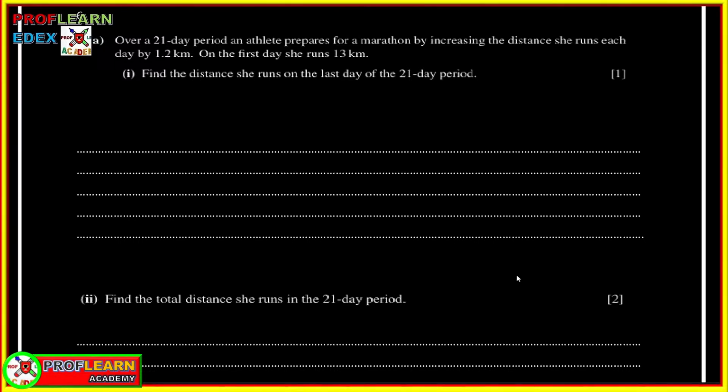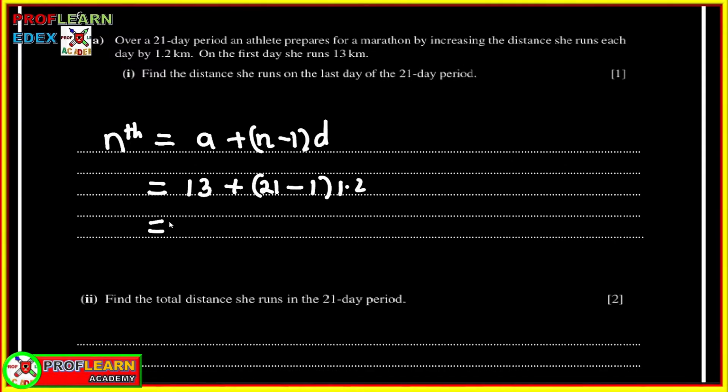This is actually an arithmetic series, and 1.2 is the common difference, 13 is the first term. Now, in order to work out the 21st term, that is the nth term, we are going to use the formula a + (n - 1)d. So we substitute the first term 13 plus 21, which is the term number n, minus 1, then we multiply by 1.2.